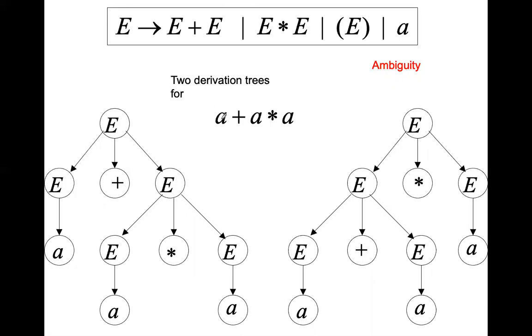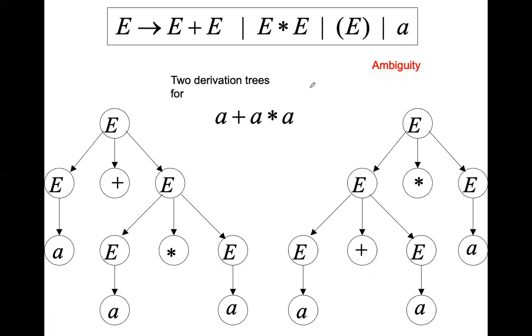Many things are available. We need to avoid ambiguity, which we can get using left recursion or right recursion. So basically ambiguity and recursion we need to avoid in a grammar.